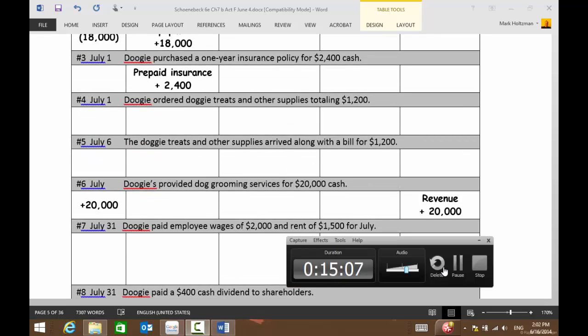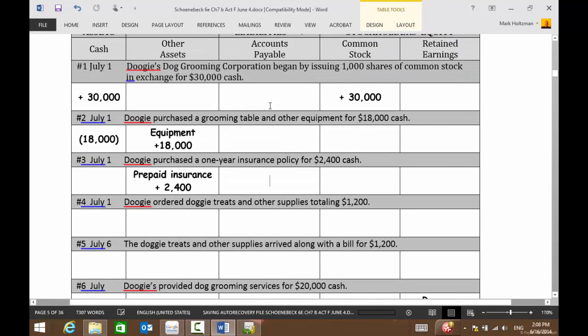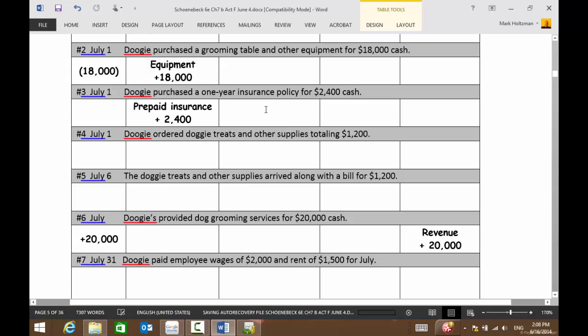Okay, so let's look at this. Doogie purchased a one-year insurance policy for $2,400 cash. So I gave you half the transaction here. This asset called prepaid insurance increased by $2,400 because what they're doing is they're purchasing the policy and then they're going to use up the policy during the year. That's kind of the thinking.